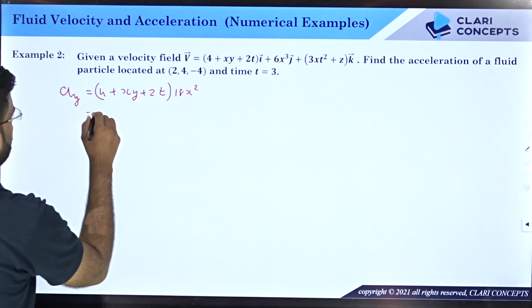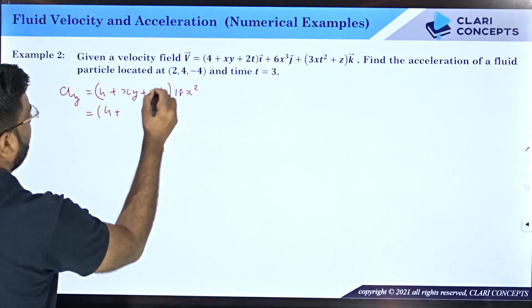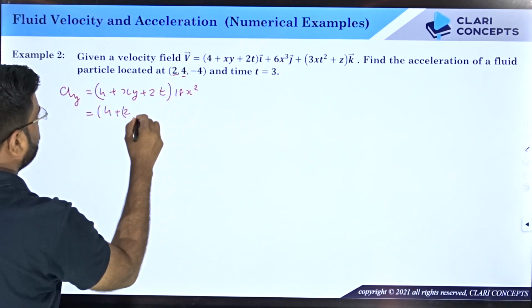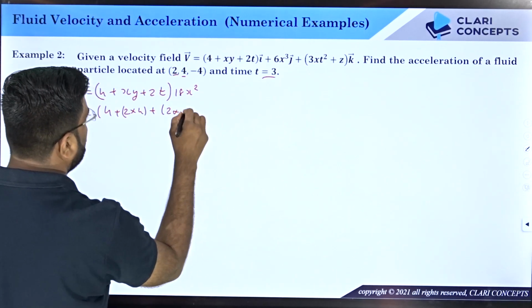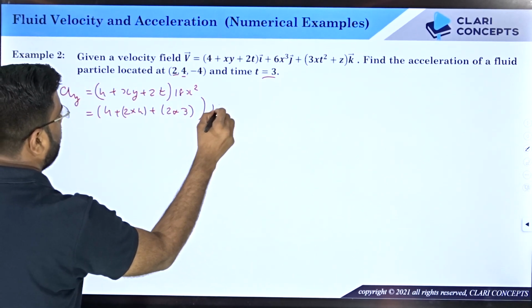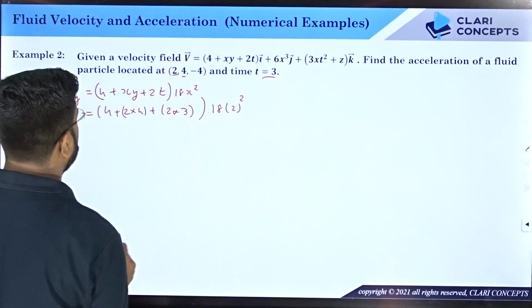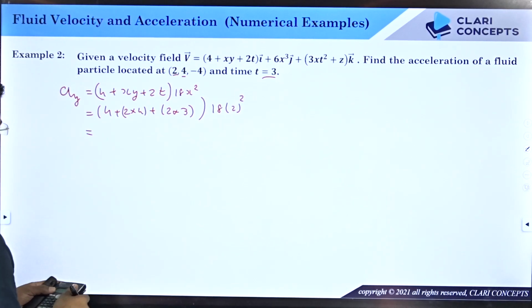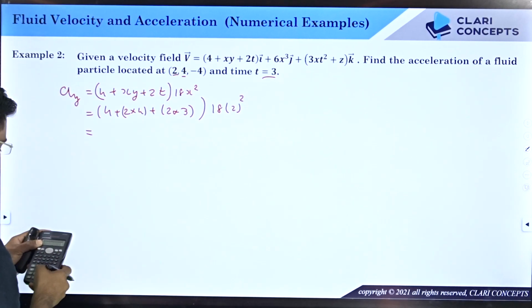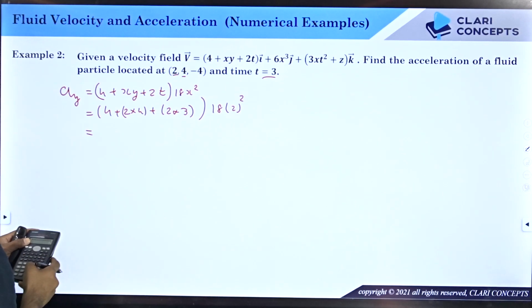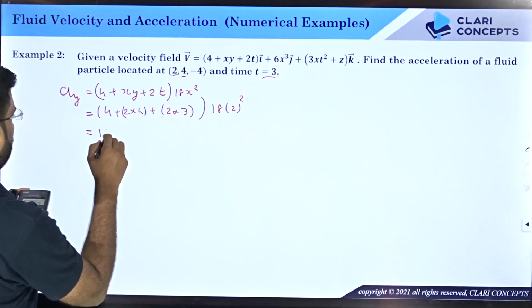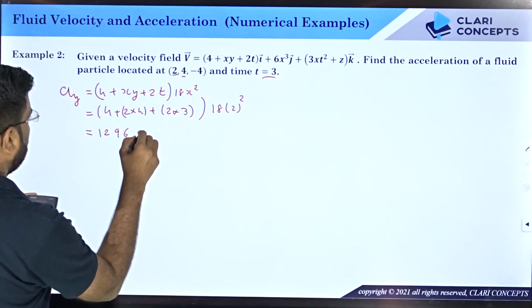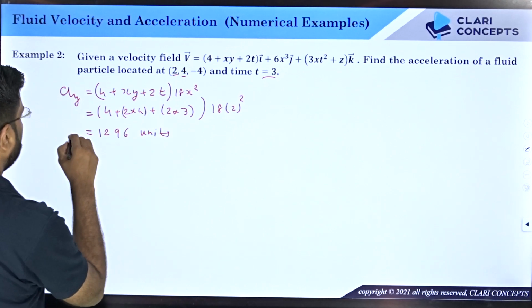So I will put the values. What is the value of x? That is 2. Value of y is 4, into 4 plus 2 into time is 3, and that into 18 into x is 2, 2 square. What is the answer? Let me check. 4 plus 8 plus 6, into 18 into 4. You will get 1296 as the answer for ay.